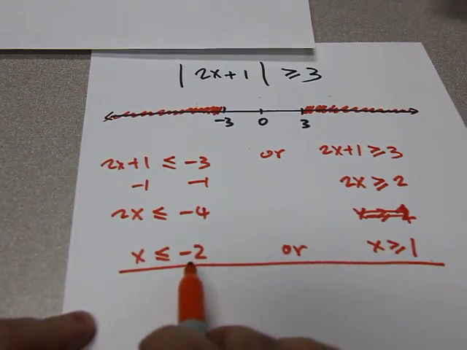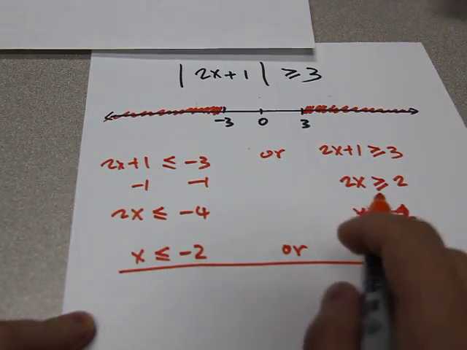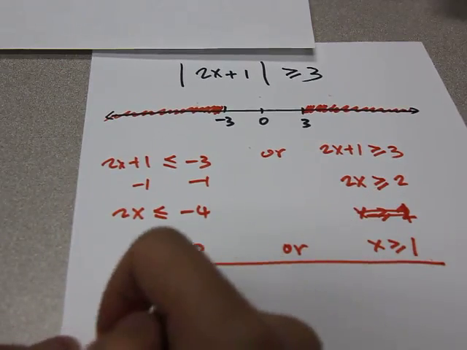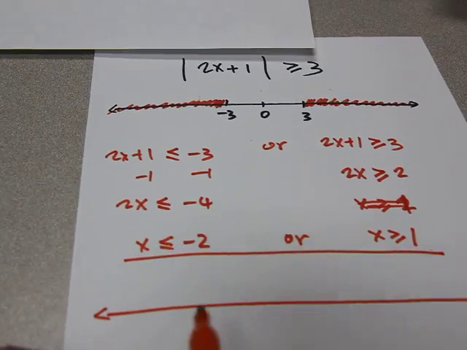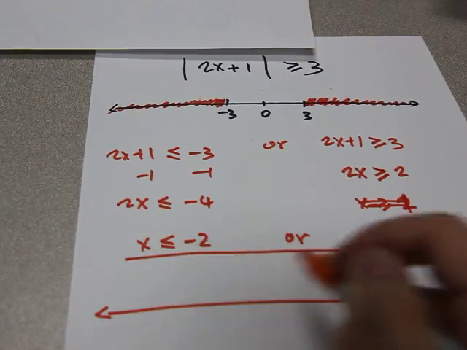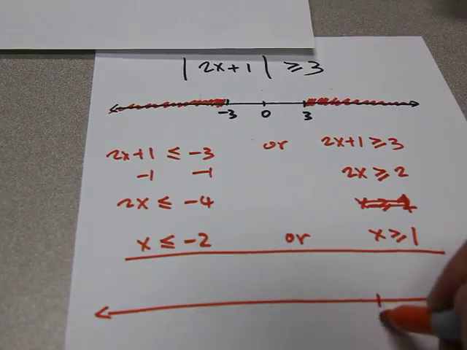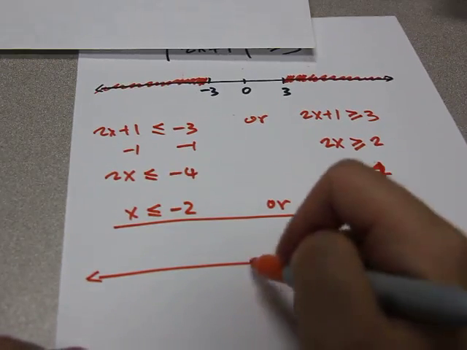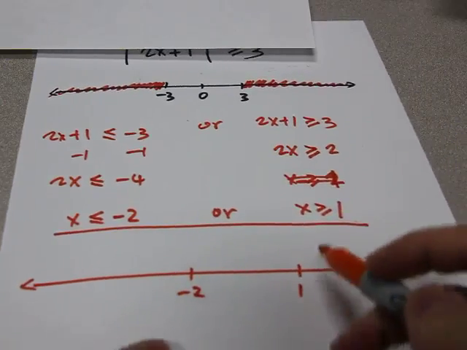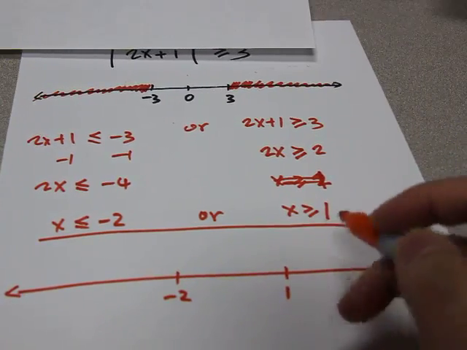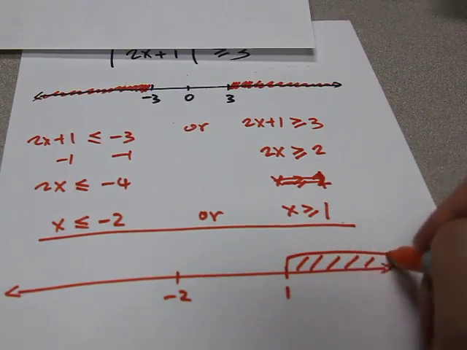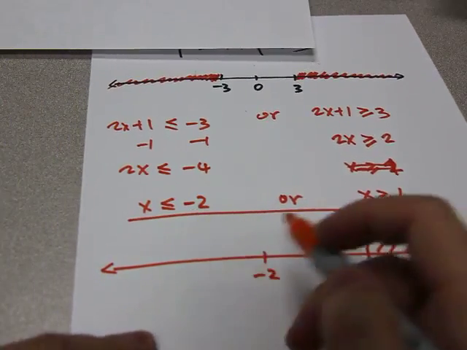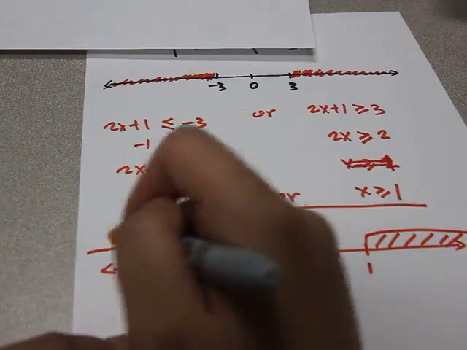Now once we've solved each inequality, we consider the solution to this compound inequality. Here is 1, and here is negative 2. Since x is greater than or equal to 1, go all this way to here. And x is less than or equal to negative 2, so go all this way to here.